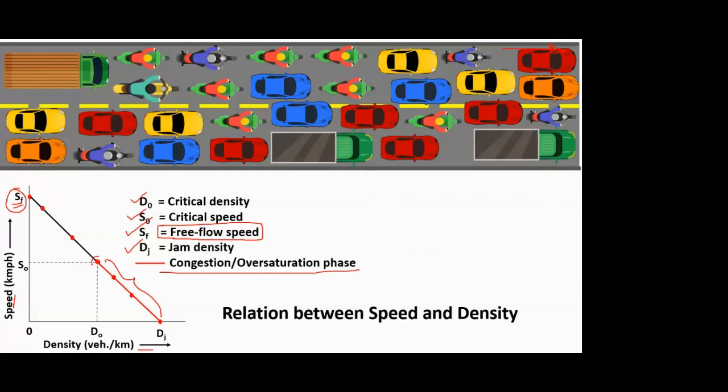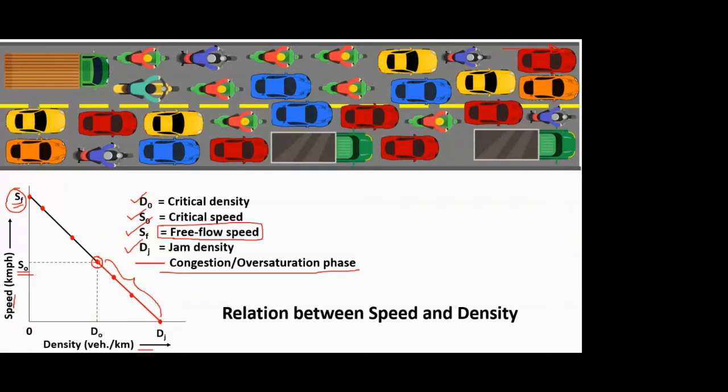It reaches such a speed that until that speed, the drivers won't mind traveling at it. Even if the free flow speed is the most desirable for all drivers, if they have to travel at some lower speed than the free flow speed, there is no objection, as long as it is greater than SO, the critical speed.